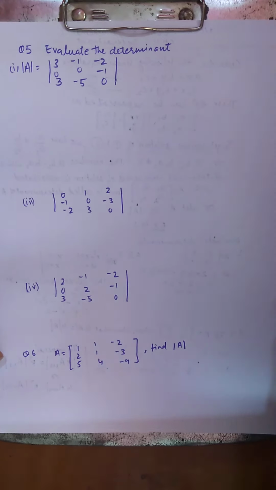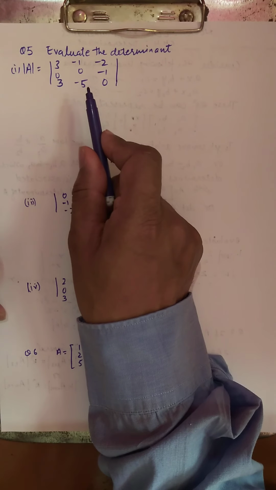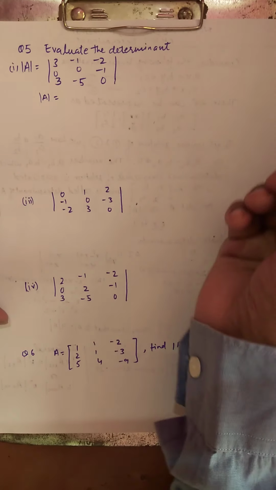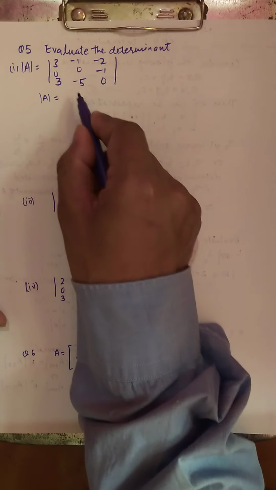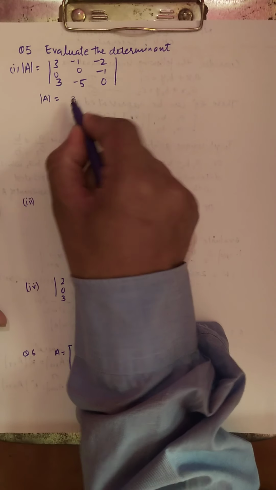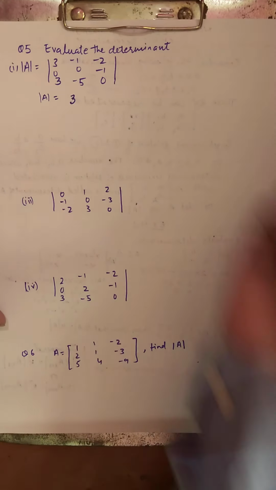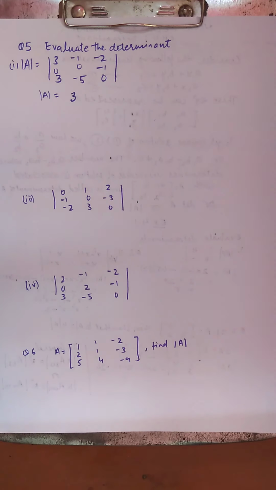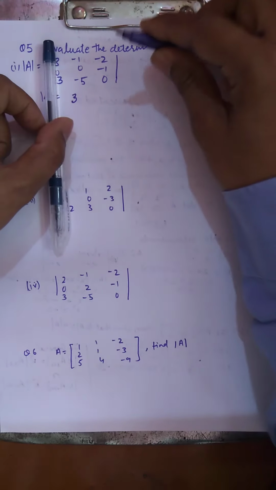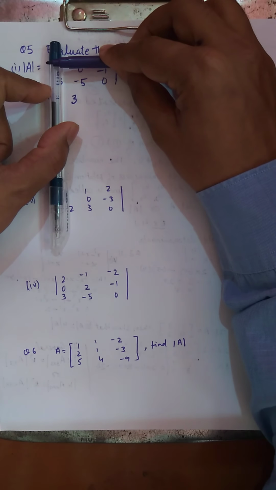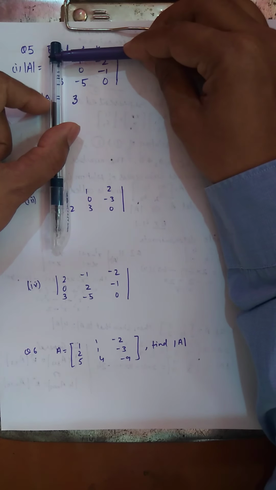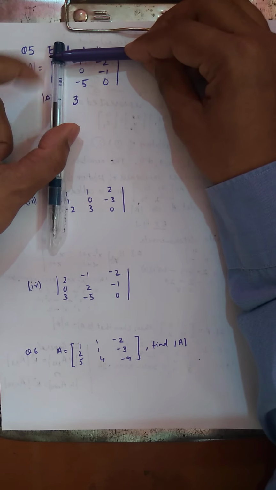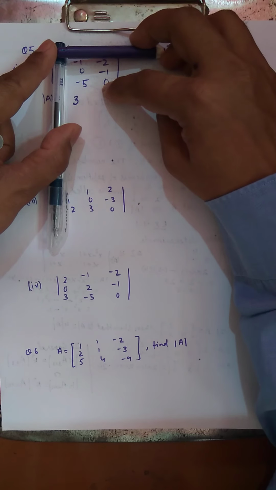For the first part I'm going to use row 1. So the value of determinant A, you see how I'm doing this. First you write this 3, which is the first element, and hide its row and column in an L form. Now how many elements are left? You can see 0, minus 1, minus 5, 0.